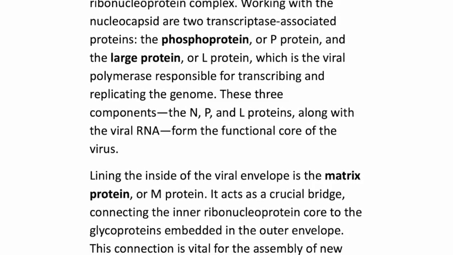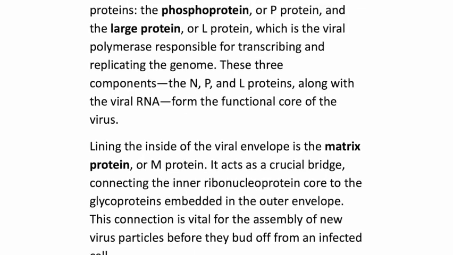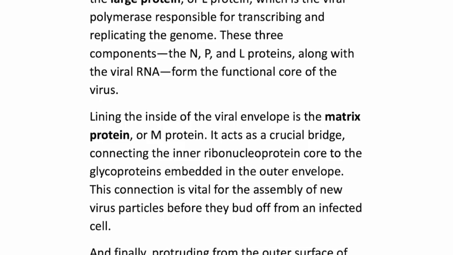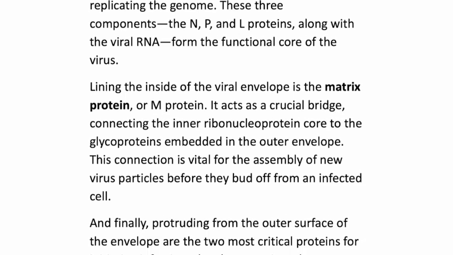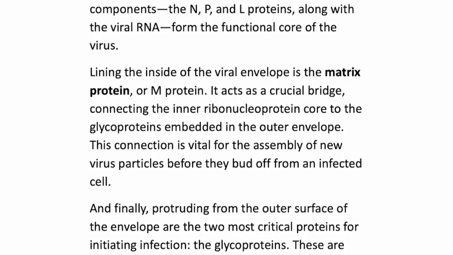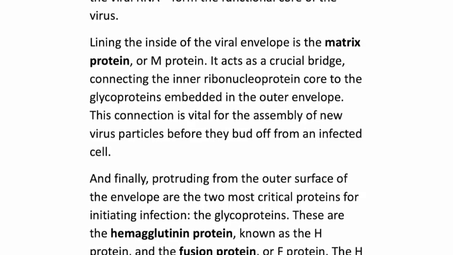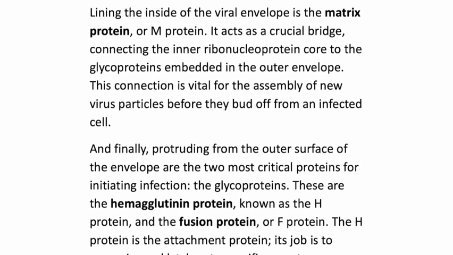These 3 components, the N, P, and L proteins, along with the viral RNA, form the functional core of the virus. Lining the inside of the viral envelope is the matrix protein, or M protein. It acts as a crucial bridge, connecting the inner ribonucleoprotein core to the glycoproteins embedded in the outer envelope. This connection is vital for the assembly of new virus particles before they bud off from an infected cell.